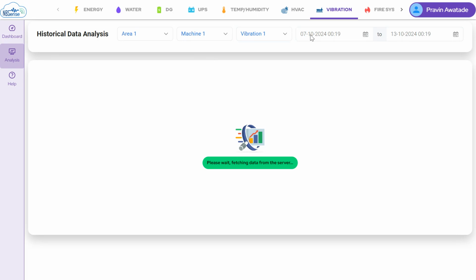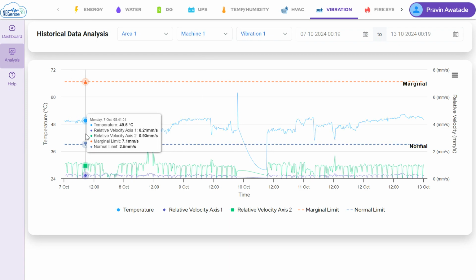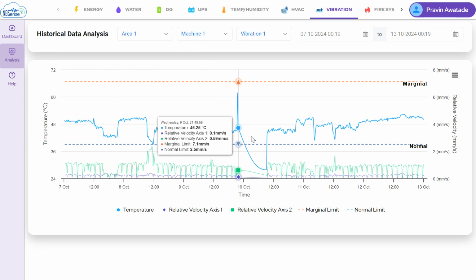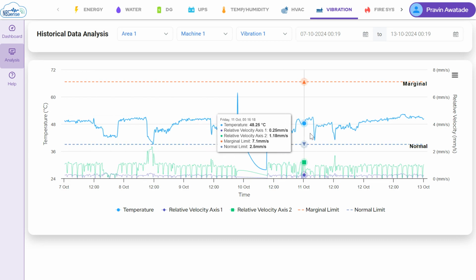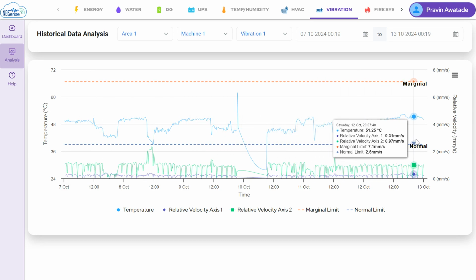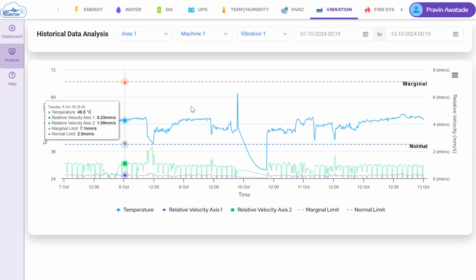So we have selected 7th October to the 30th October. 6 days of values we are getting here. See here, we can see when there was high, low, and all. That we can also download in any format.